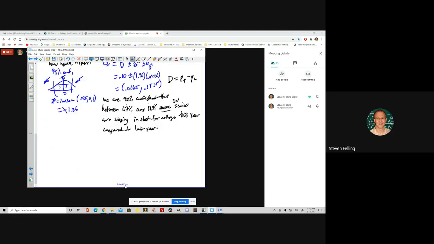It is okay to say this. This is another wording that you can use. If you get confused by that, you could say, we are 95% confident that the difference in percentage of seniors staying in state for college, and then in parentheses, define the difference, define the direction.